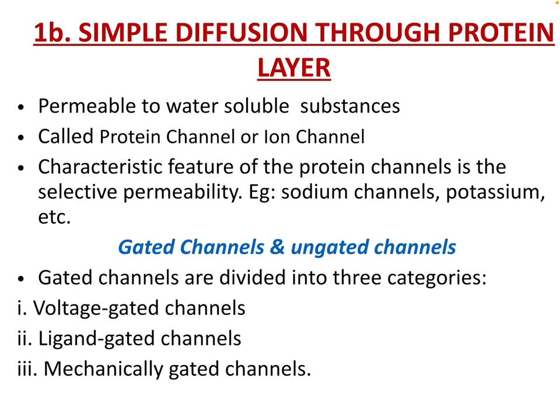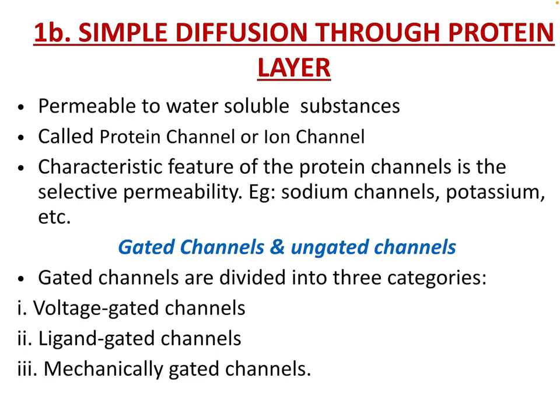The protein channels are selectively permeable to only one type of ion. Accordingly, the channels are named after the ions diffusing through them, such as sodium channel, potassium channel, etc.